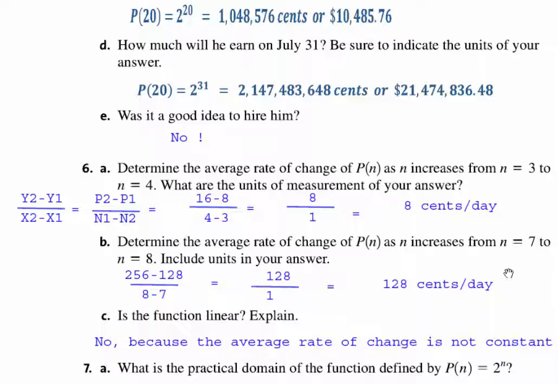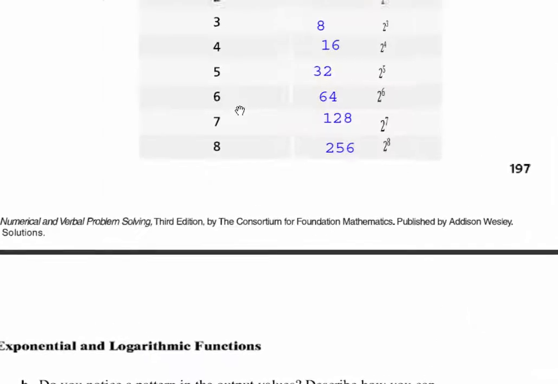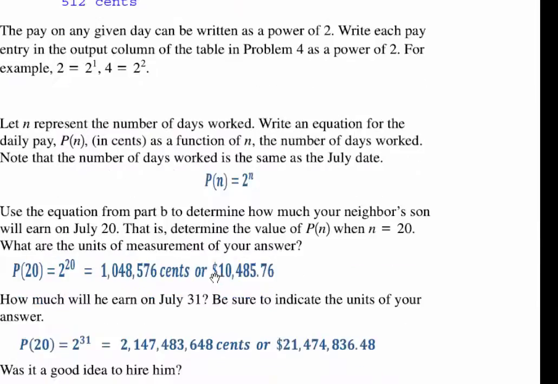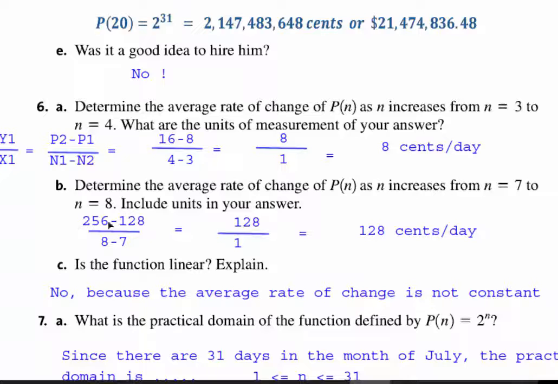And then we're asked to do the calculation for n equals 7 and n equals 8. My pay for 7 and 8 was 256 cents for the 8th and 128 cents for the 7th. So using this same logic, change in output over change in input, we end up with 128 over 1, which is 128 cents per day.